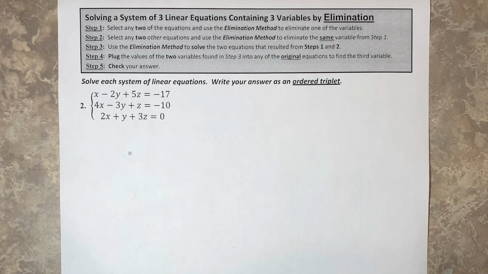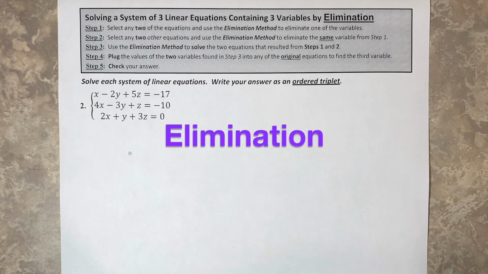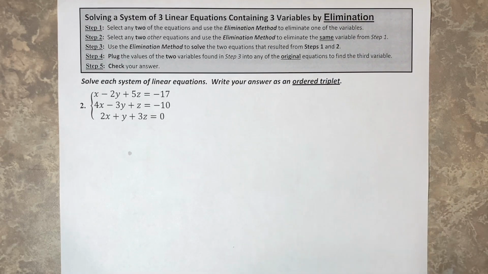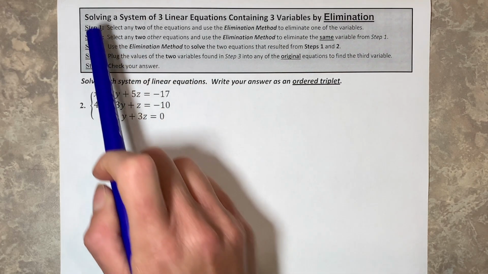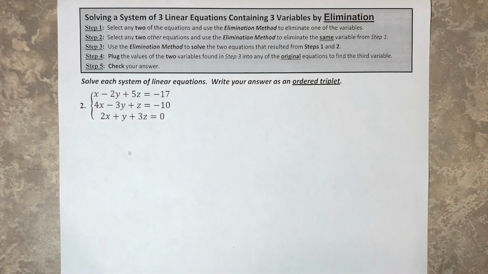The approach that is usually used, and the approach that we are going to learn and use, is elimination, because that is the most efficient and straightforward way to solve systems of equations involving three equations and three variables. And I've typed out the steps for solving systems of three equations using elimination, and we're going to follow each of those steps one by one next.